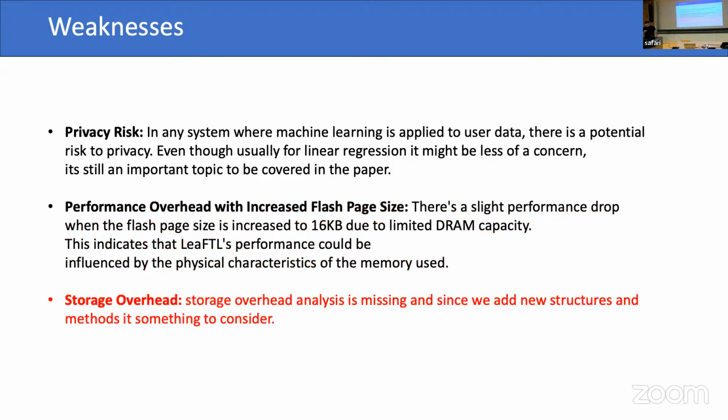And also the paper does not talk about storage overhead, since we changed some SSD structure and added some structures like, I don't know, the conflict resolution buffer. It may be small, but it was still worth at least evaluating and adding something to the paper.